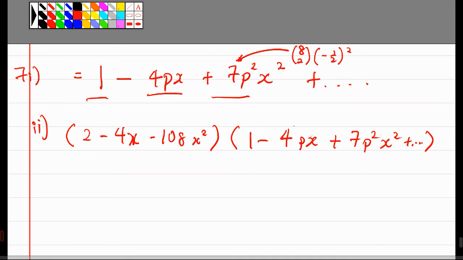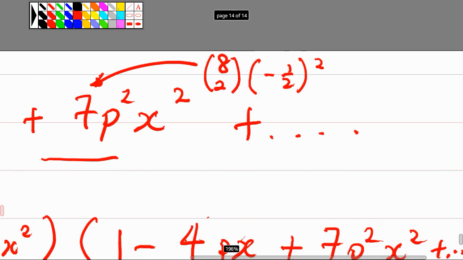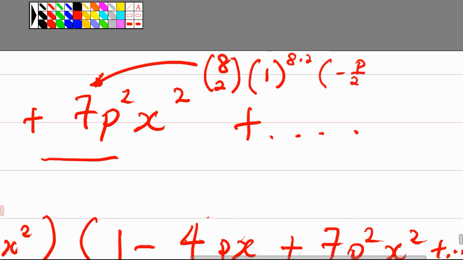Let me write out the whole term. The whole term is 8 choose 2, 1 to the power 8 minus 2, times minus p over 2 x squared. When you expand this, 8 choose 2 is 28, times 1 is still 1.